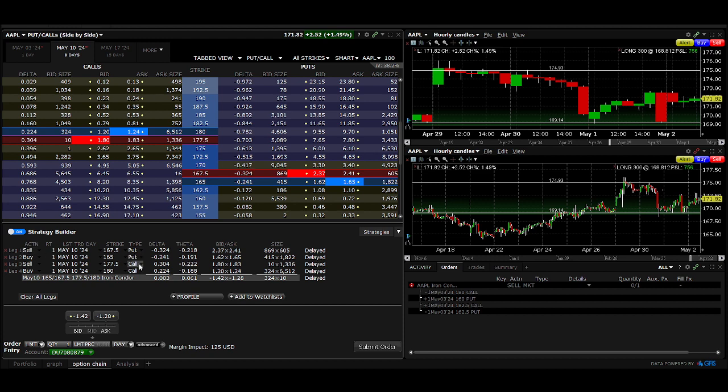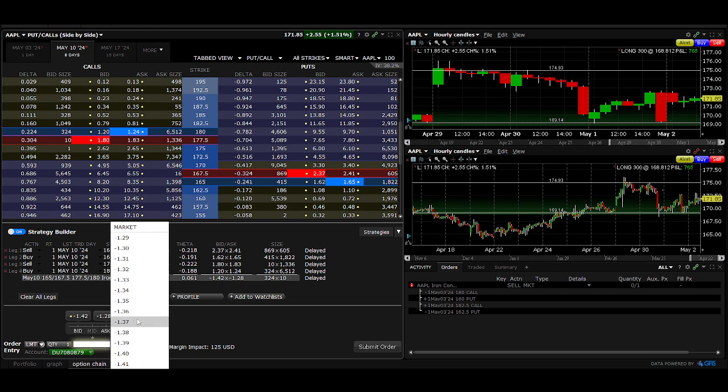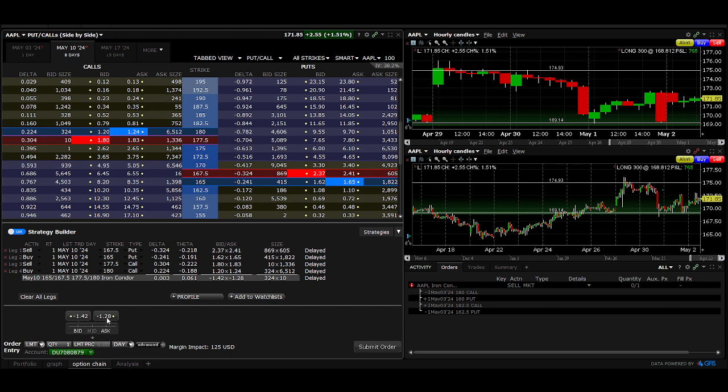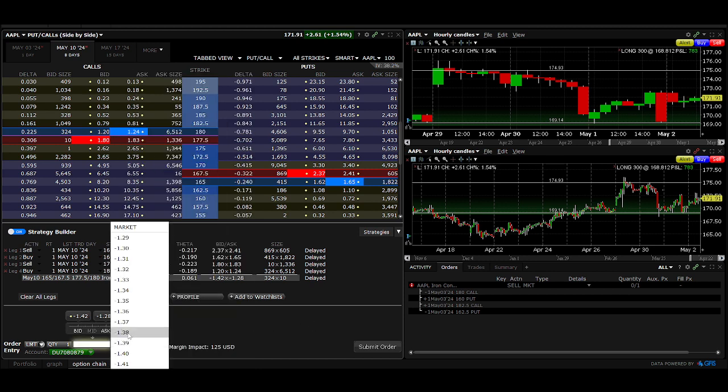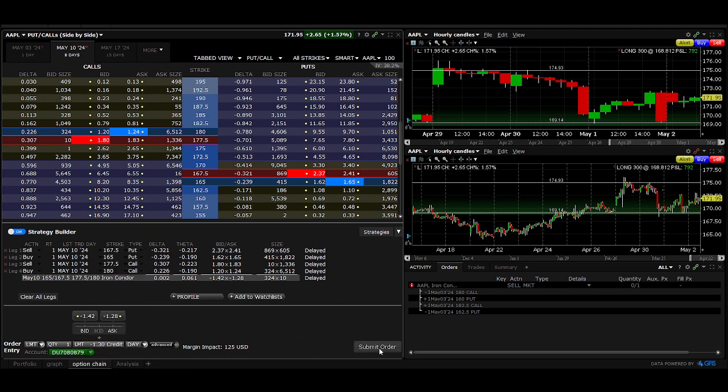We sold one call, bought one call to hedge the risk, sold one put and bought one put to hedge the risk. We are going to sell this together. Just to show you, let's say we go at a range between these two. You see the price range: ask is 1.28, bid is 1.42. We take something, let's say 1.30, and then you submit here.